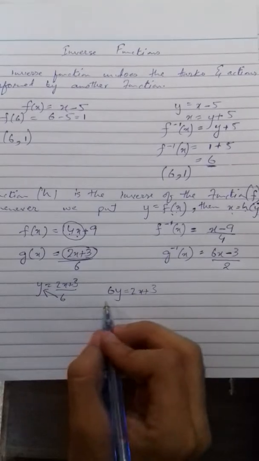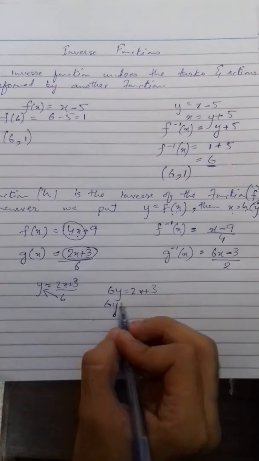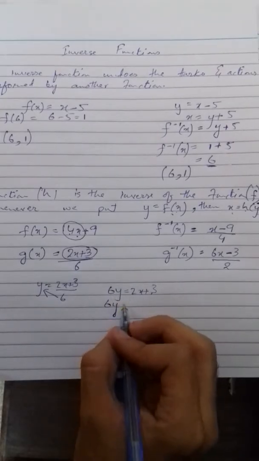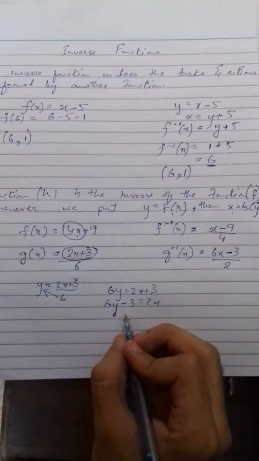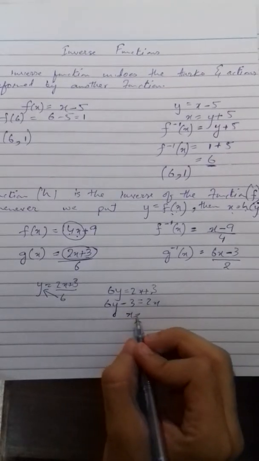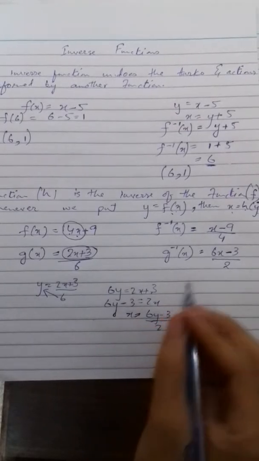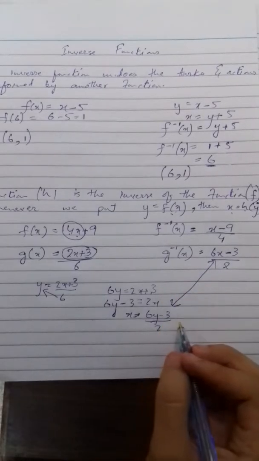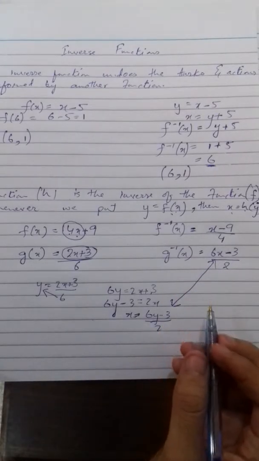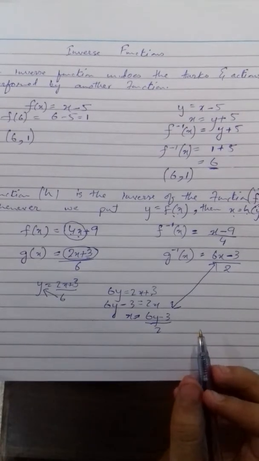Then we make x the subject: 6y minus 3 is equal to 2x. We divide this whole by 2, we get x = (6y - 3)/2. This is exactly the same thing as this. This is basically an easy and quick way to get the inverse of a function.